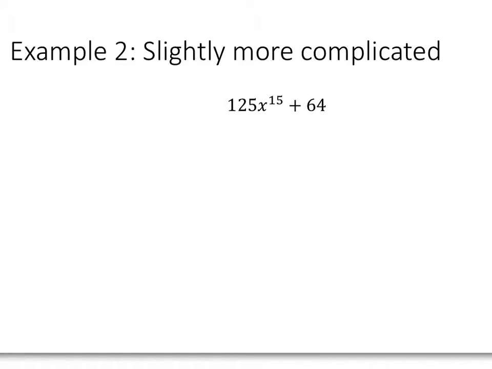Just like before, I should see 125 and 64, and noticing that those are perfect cubes, that should be my hint that I might be using the sum and difference of cubes pattern.